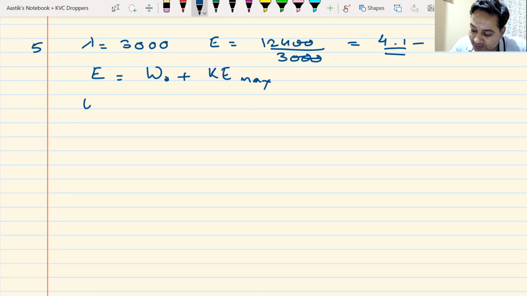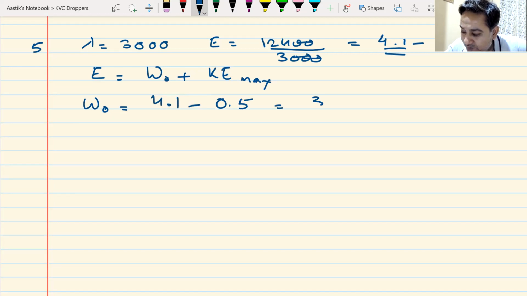From here, I can calculate the value of work function. So work function will be E minus maximum kinetic energy. E is 4.1 minus 0.5. So the answer will be approximately 3.6 electron volts is the work function.